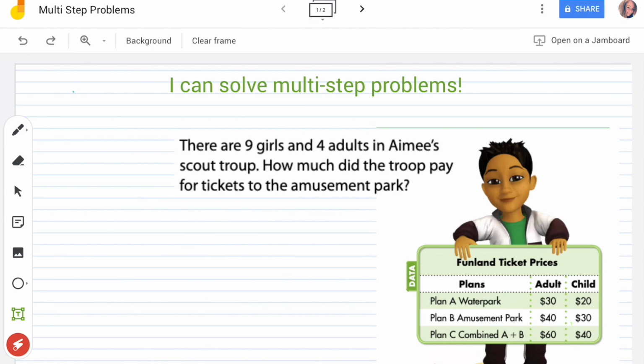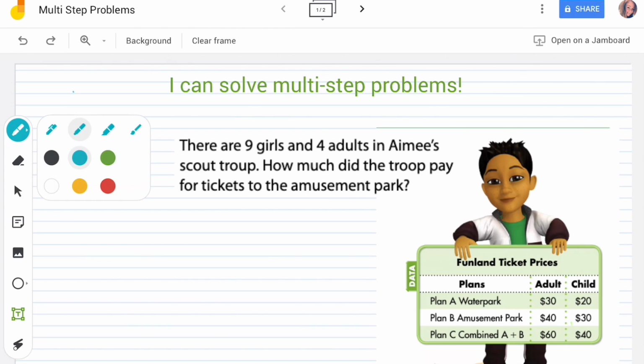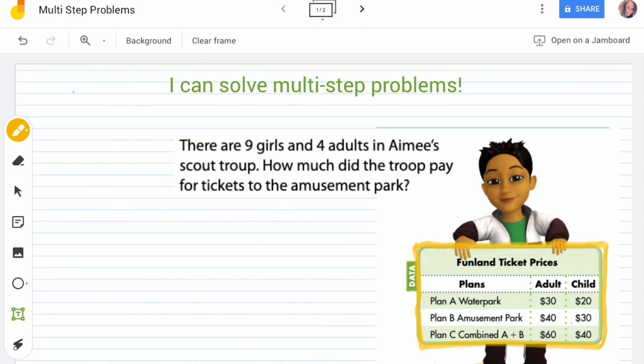But do you see something on the page that will help us? That's right. If you are talking about this data table here, you are on the right track. This data table is going to help us solve our problem and give us the necessary information to do all the math. Let's go back to our problem and look for some information that we're going to need.